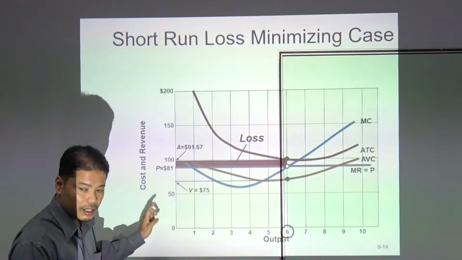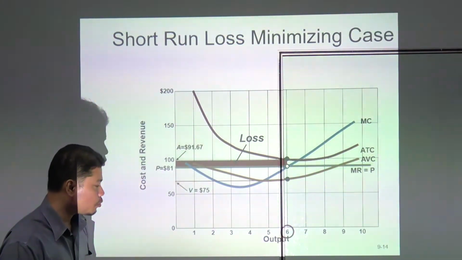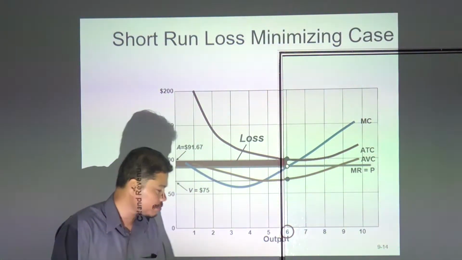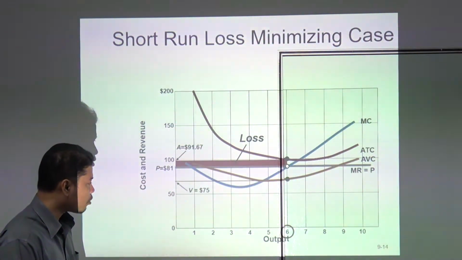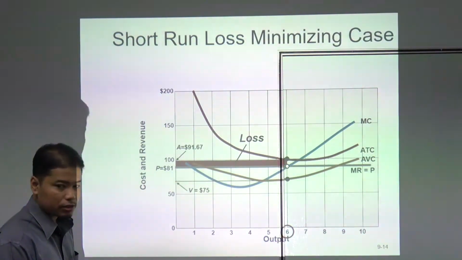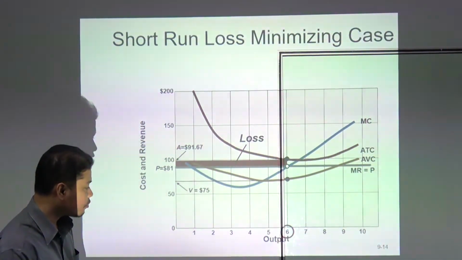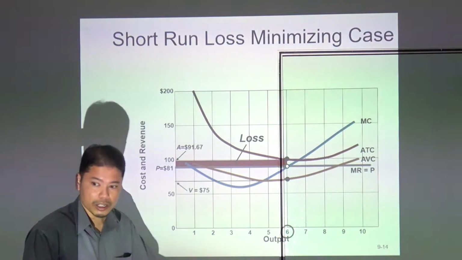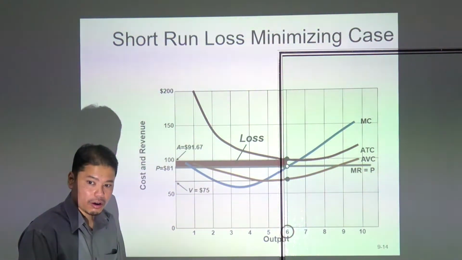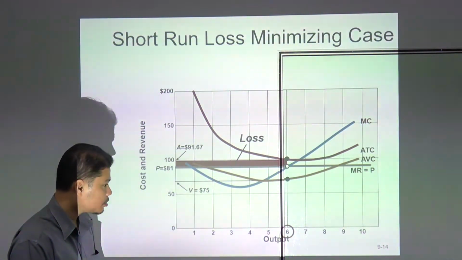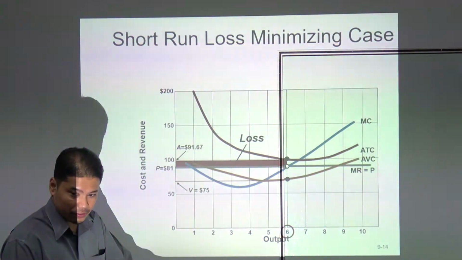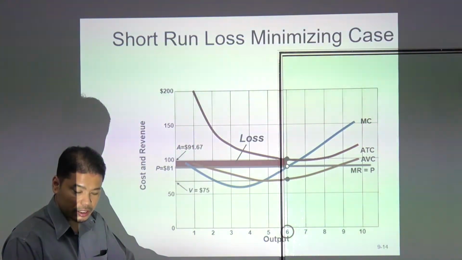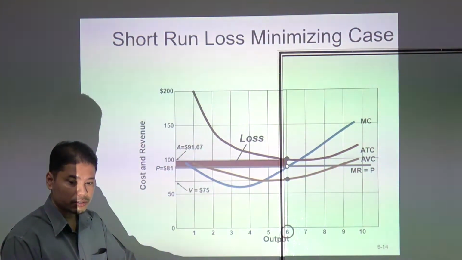So in other words, if the firm continues to produce 6 units of output, the firm will make a loss of $64. However, if the firm closes down, then the firm will make a total loss equivalent to the total fixed cost.